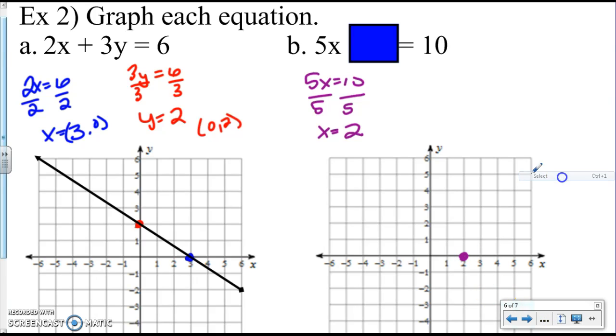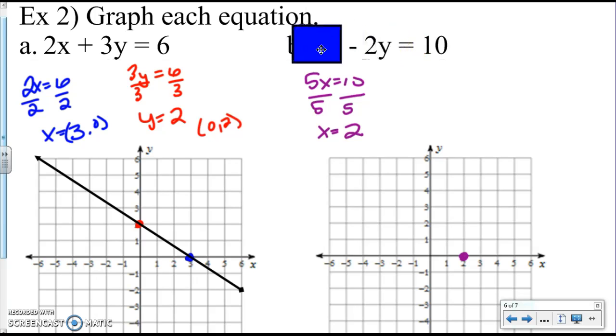Easy stuff, right? Move this over, cover up the x. This time, I am left with negative 2y equals 10. So divide by negative 2 on both sides, I get y equals negative 5. So I'm going to go ahead and plot that.